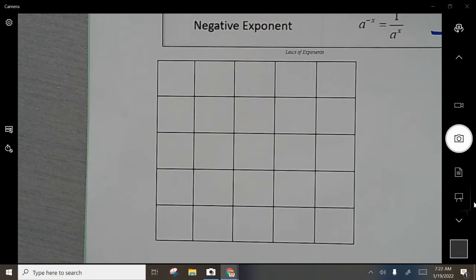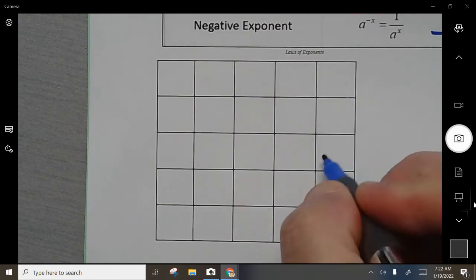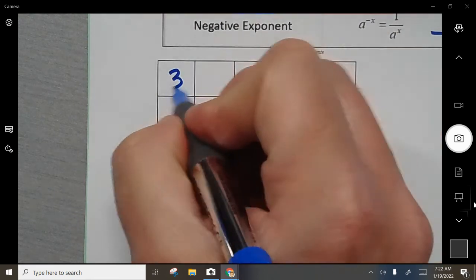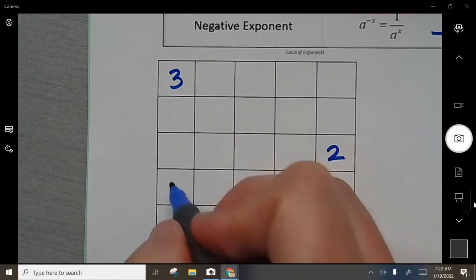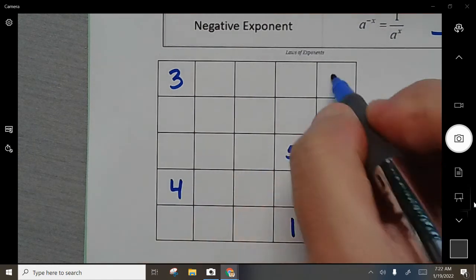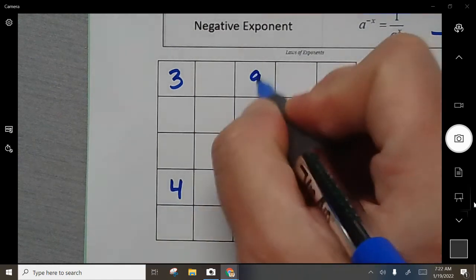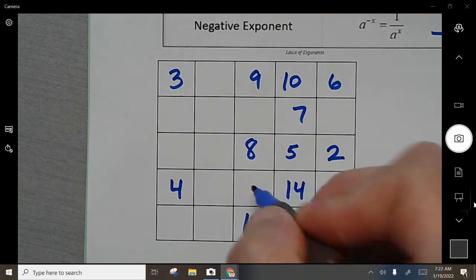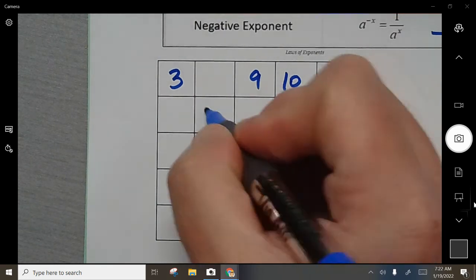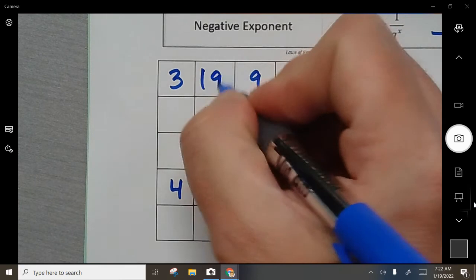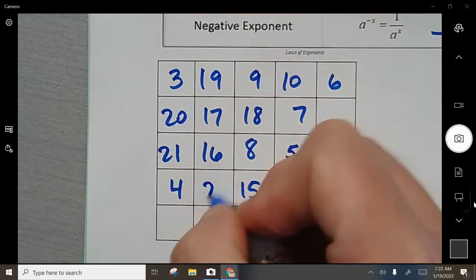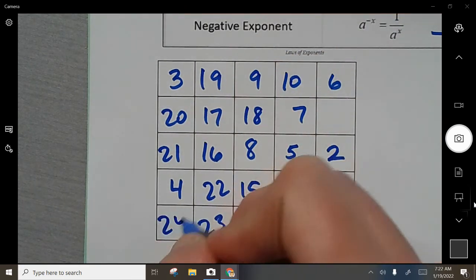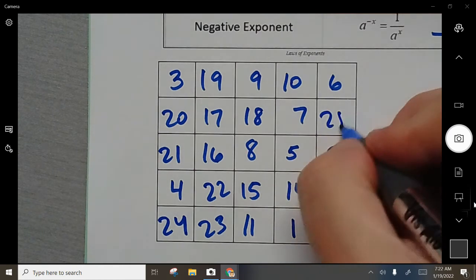So in your own order, 1, 2, 3, anywhere you want to go. Look how I'm jumping, but I'm going in order so I don't miss any numbers. Oh, and 25.